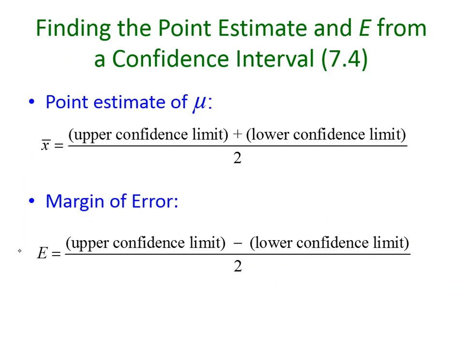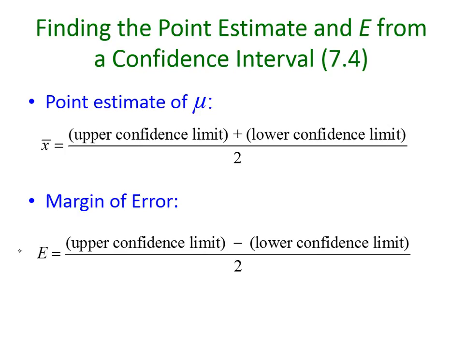Now, if you know the confidence limits, so the calculator's spitting out the answer that it's in between 2.9 and 4.1, how do you figure out what the actual mean and the margin of error are? These are the same things that we've done before. If you know the limits, to find the sample mean, it's that middle number.